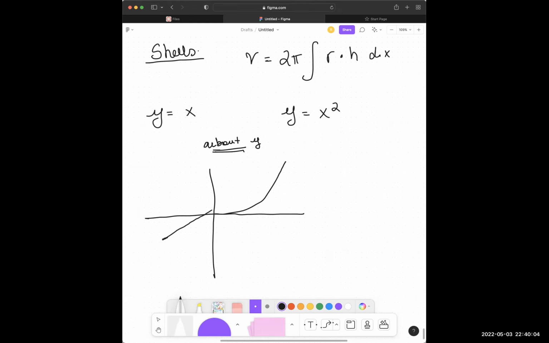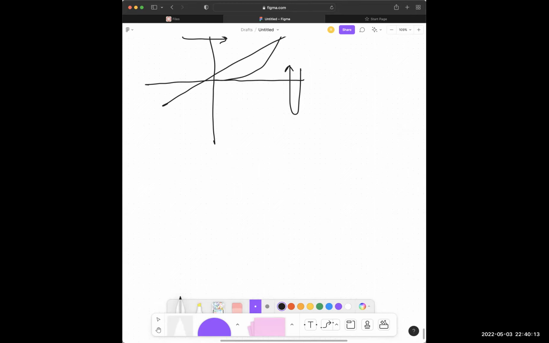Then we have y equals x that cuts through it. Instead of rotating it this way, we're going to rotate it this way. So how would that look? We're going to have something like this, where it's on both sides, kind of the same there.